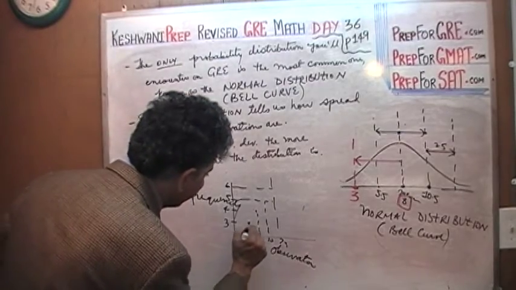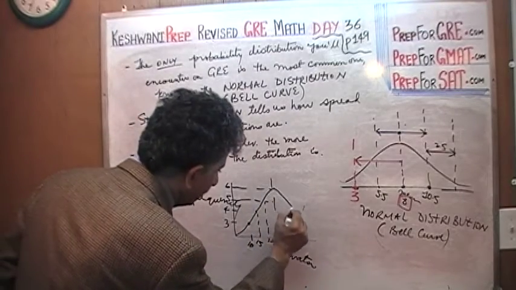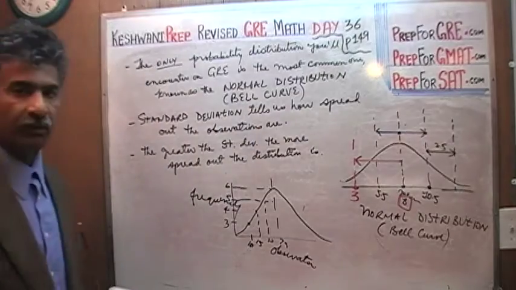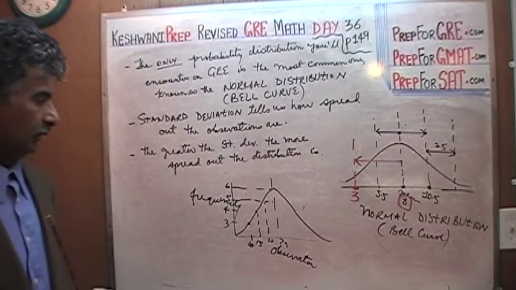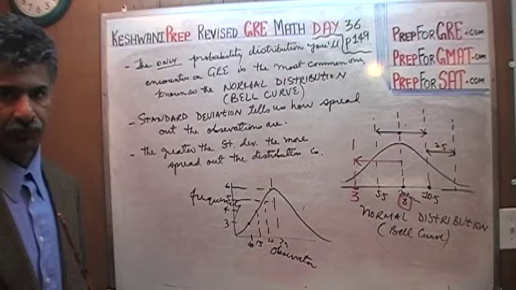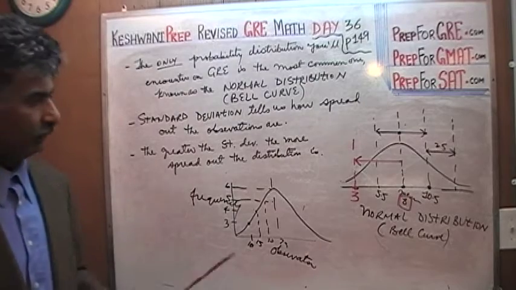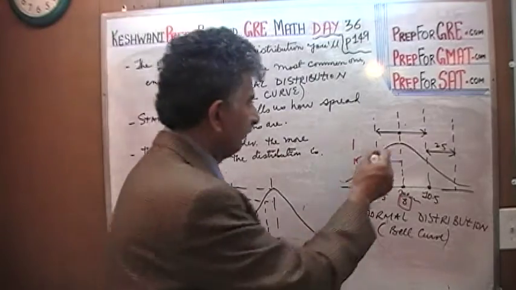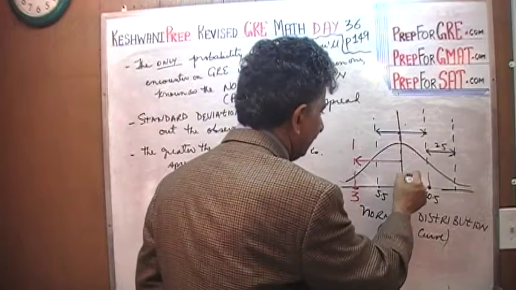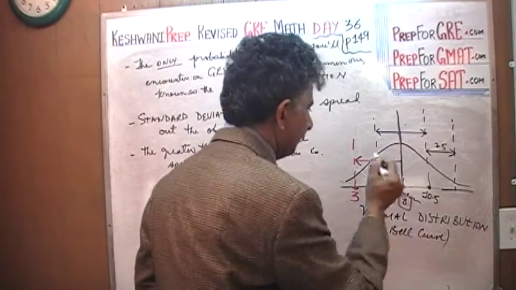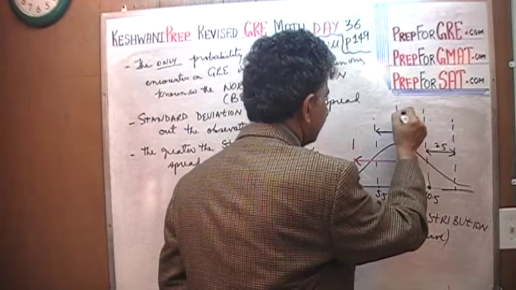And if you were to join all of these things, it begins to take the shape of what is known as a normal distribution. The reason why it's called normal distribution is because it's very symmetric. Whatever you see on this side, this is your mean, the average. Mean right here, this line here.